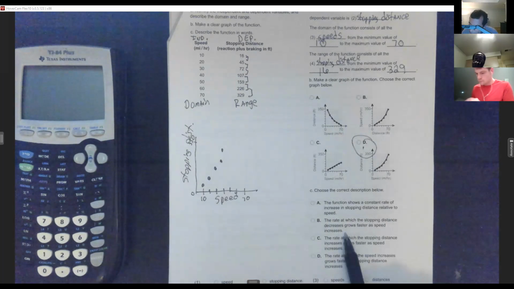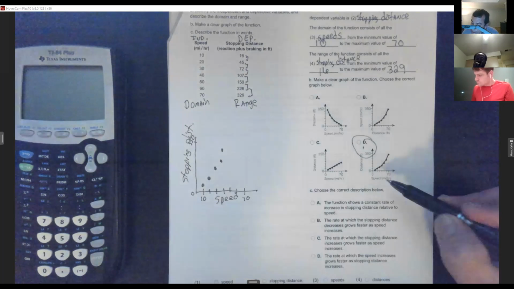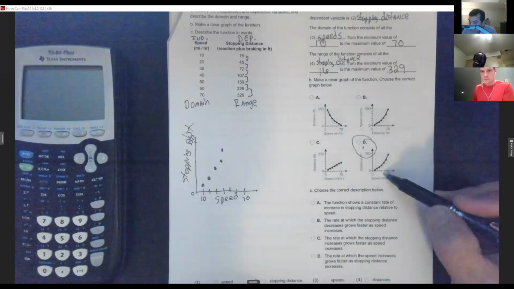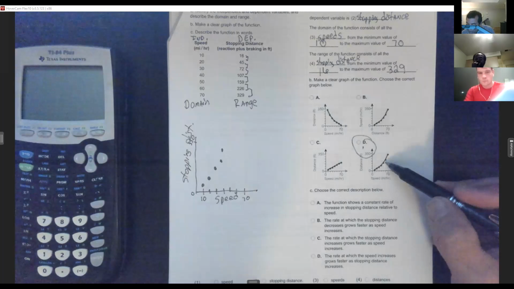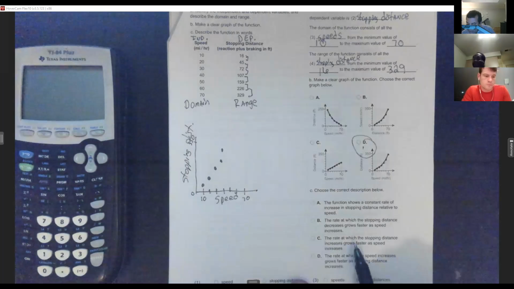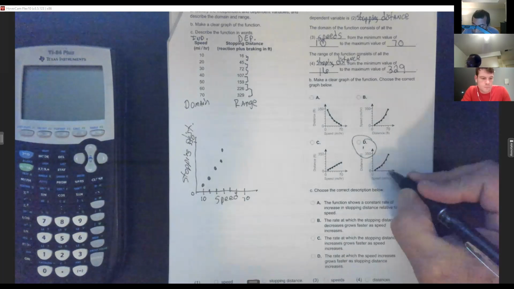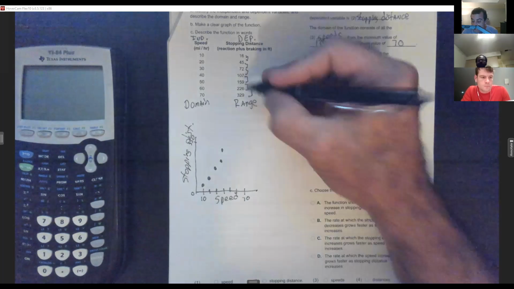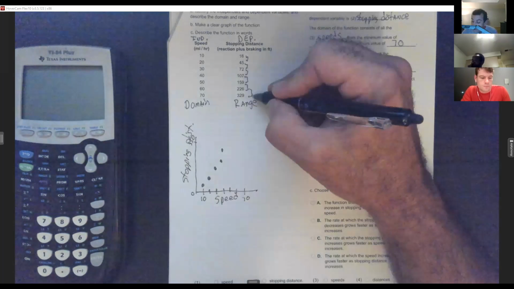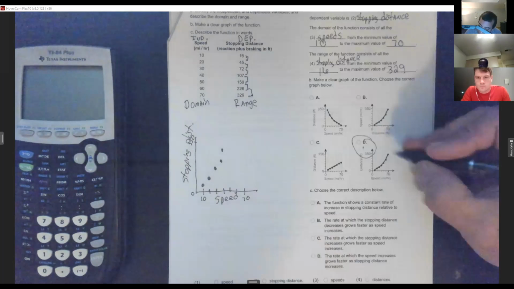Well, these stopping distances, they're not decreasing, they're increasing. So the rate at which the stopping distance increases grows faster as the speed increases. Definitely, because when my speed was up here at 70, the gap from 60 to 70 was almost 100 feet in itself. So go with C.